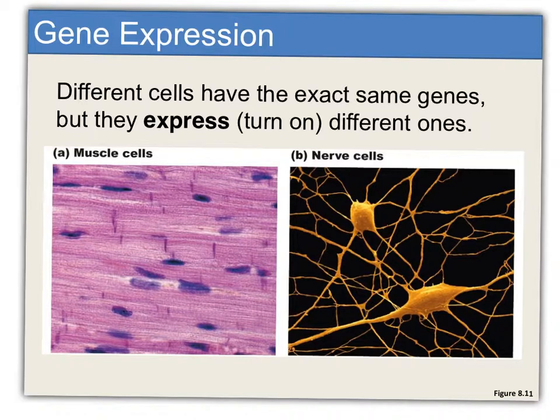But they didn't know anything about what's called gene expression or regulation. That means you're regulating how much DNA is turned into proteins, or how much protein you're making. Sometimes you want a little bit of protein, sometimes you want a lot of protein.